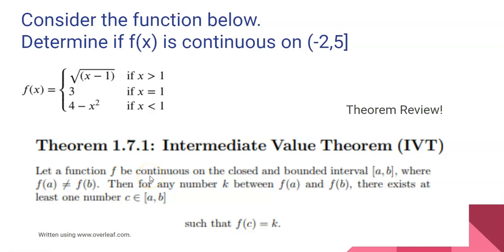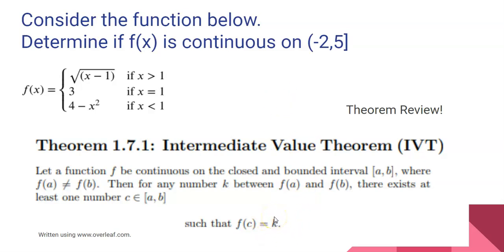Therefore, it is essential to verify that for each c, which is an element within the interval, the limit of f of x as x approaches c exists and is equal to f of c. Why? Let's describe the implication of the discontinuity and the letter k.